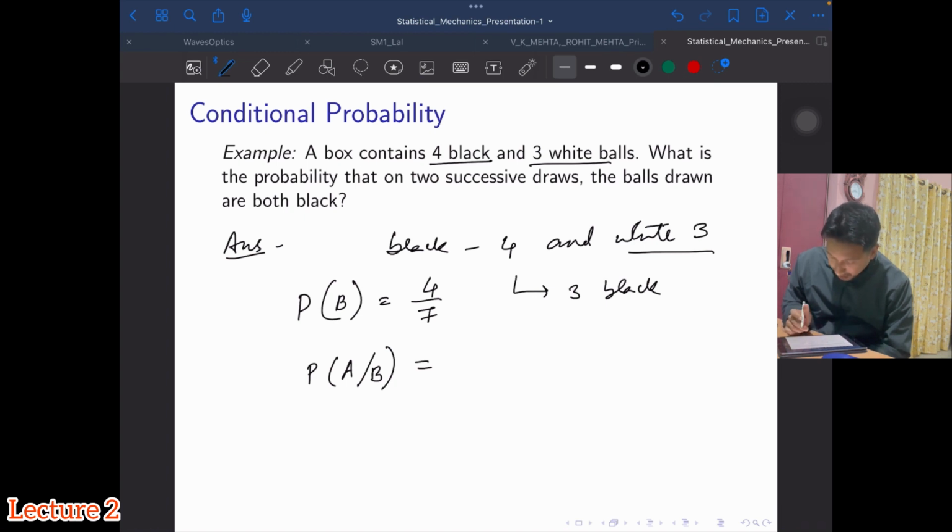So the probability of getting a black ball the second time, with the condition that event B has occurred, will be simply 3 by 6, or half. So here the first event has an effect on the second event. This is about conditional probability.